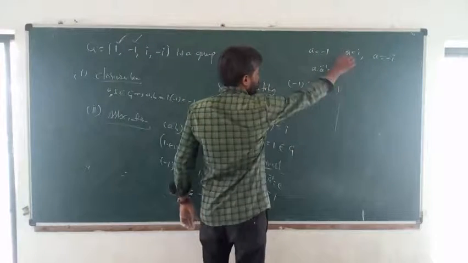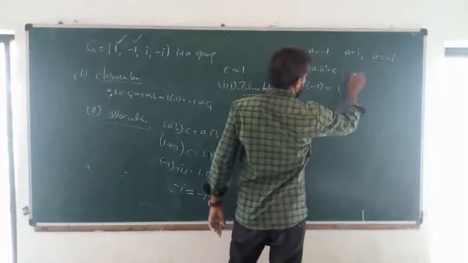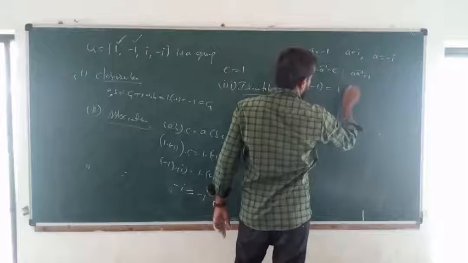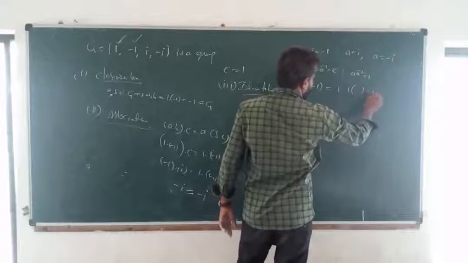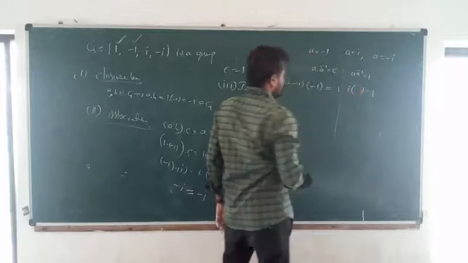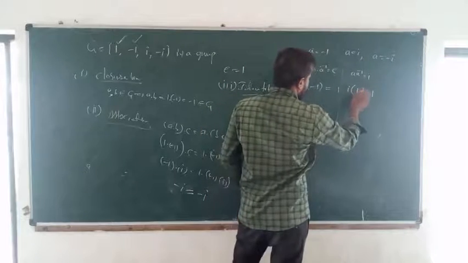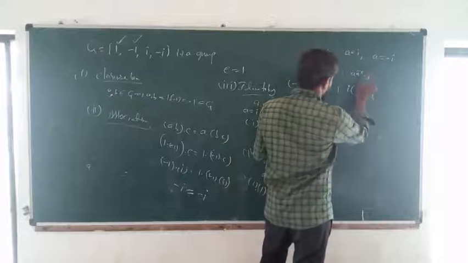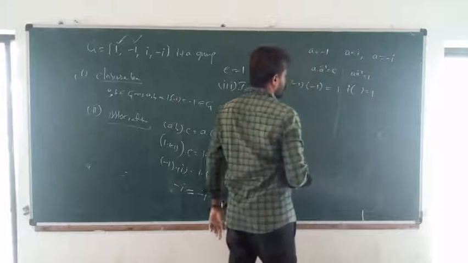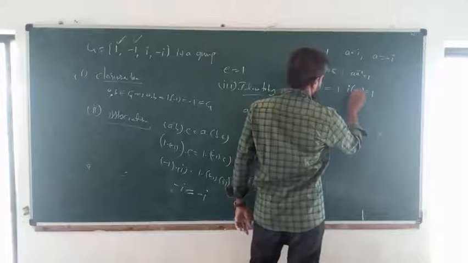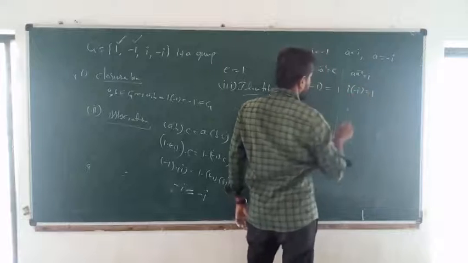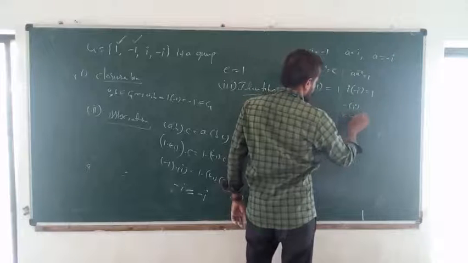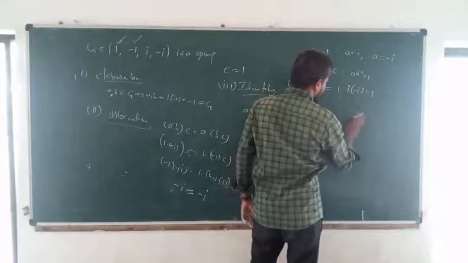For i, i into 1 is not 1, and i into minus i means minus i square, and i square is minus 1, so that is not possible.